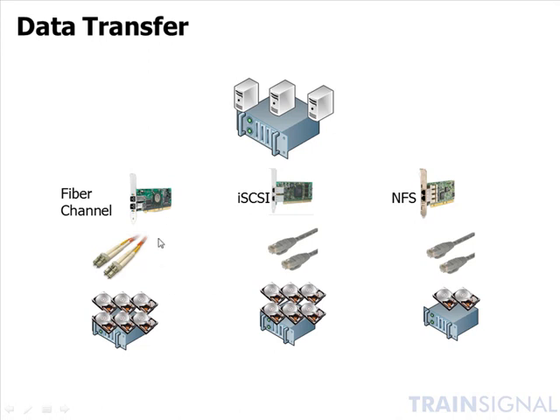With Fiber Channel, it's a little different because your HBA is different. You need a Fiber Channel switch, as we're going to see in a second. The cables are different. So from a Fiber Channel perspective, it's a completely different architecture and infrastructure that you have to deploy to support it. Whereas with iSCSI and NFS, it's the standard Ethernet infrastructure that you currently have in place. However, deploying Fiber Channel obviously has its pros, so we'll talk about those in a minute as well.